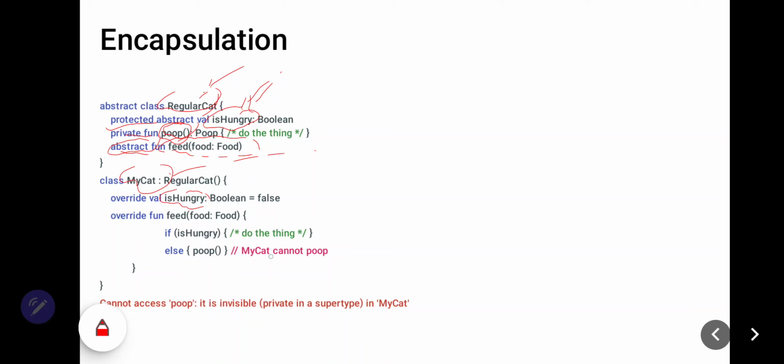If you want to call this method poop and the character is private, you cannot call this poop through the inheritor class.